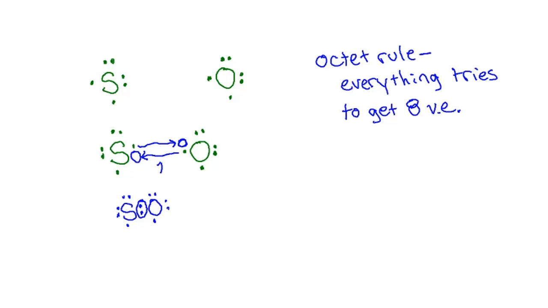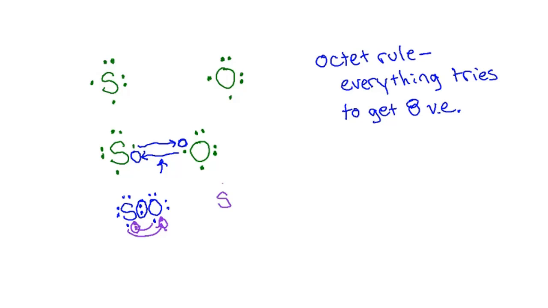See, they're sharing their dots, or they're sharing their electrons. But that's not all. Do you notice that there's still an empty space for a dot over here, and there's still an empty space for a dot over here? Well, these kind of bend over, and this shares its dot in this position for oxygen, and this shares its dot in this position on sulfur.